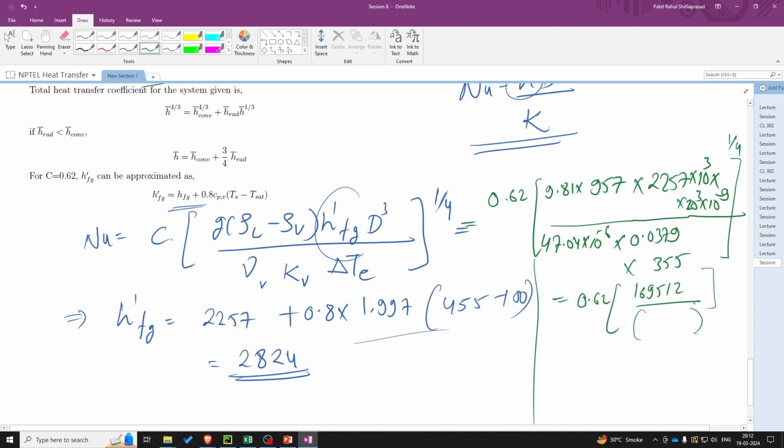So you will be getting some denominator, and eventually the value of Nusselt number you calculate should come around 83.88.